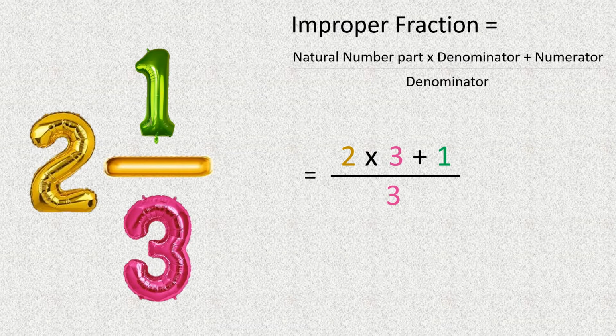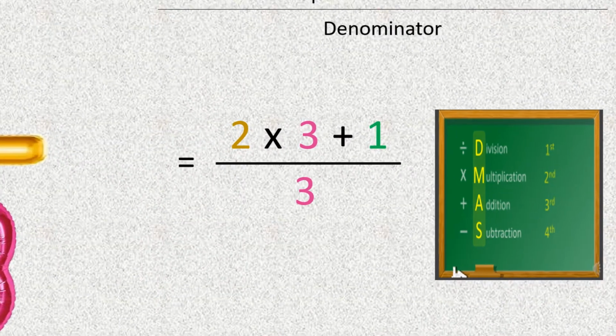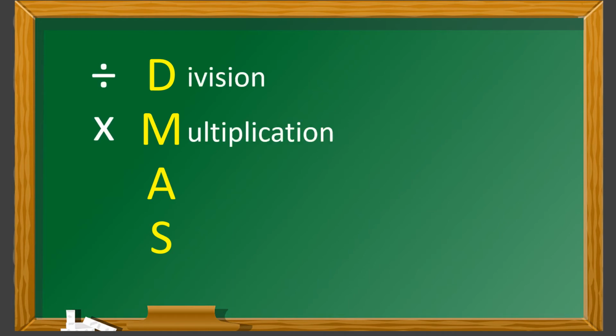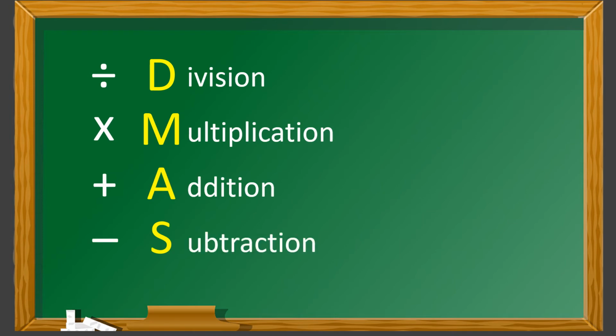One thing I want to introduce before we complete this sum is DMAS. What is DMAS? D for division, M for multiplication, A for addition and S for subtraction. Whenever you solve any question having two or more operations, that is addition, subtraction, multiplication or division, always follow this order: first division, second multiplication, third addition and fourth subtraction.